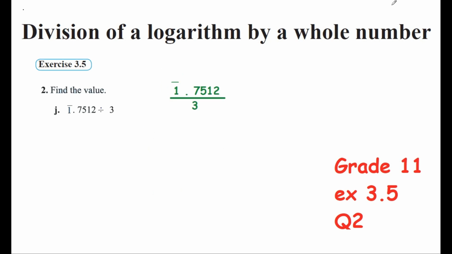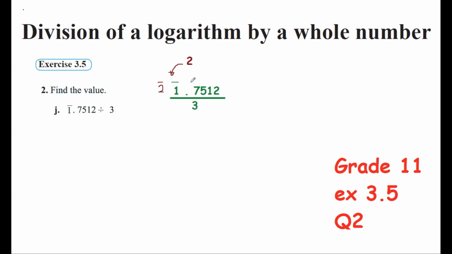Part J, bar 1.7512 divided by 3. Now, when you look at this, the bar 1 cannot be divided by 3. Then we have to borrow. How much are we going to borrow? We have to borrow 2. For this section goes -2, then it makes bar 3. Bar 3 is a multiple of 3.